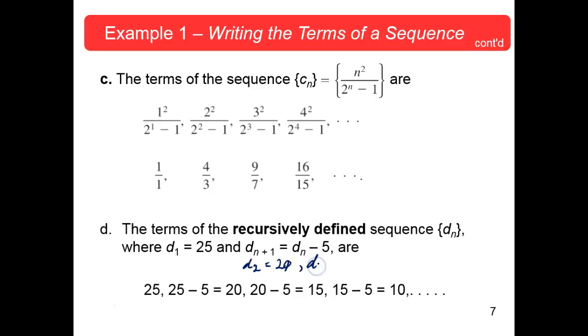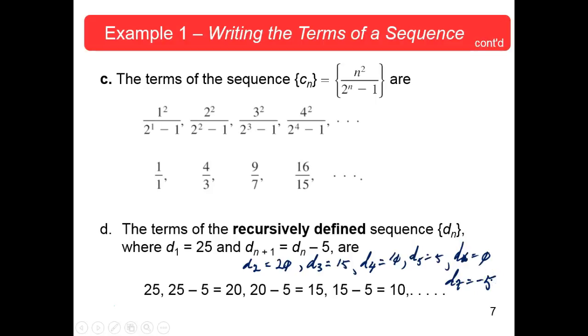So D3 would be 15, D4 would be 10, D5, 5, D6, 0, D7, negative 5, and so on.